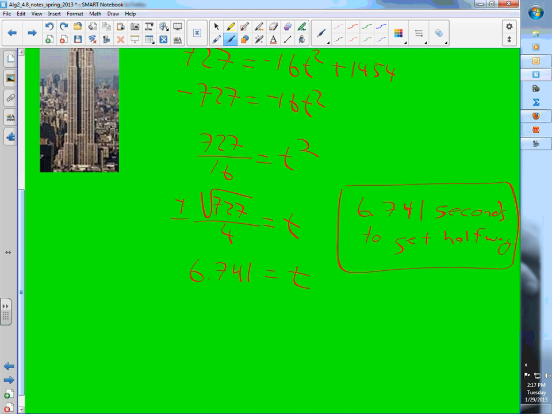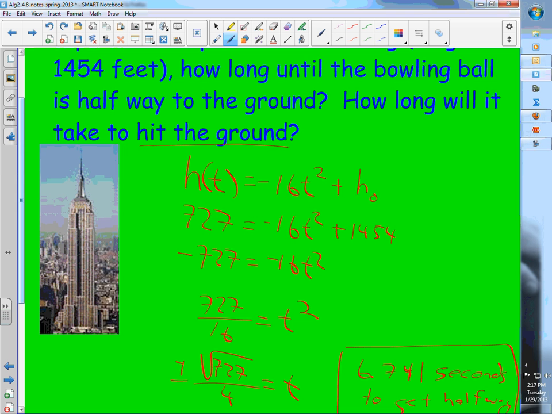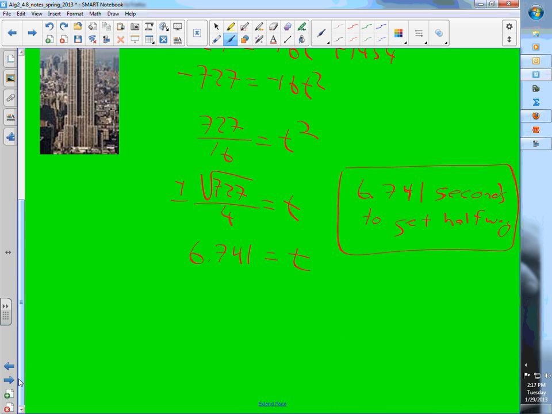So how do we find out how long it takes this ball to hit the ground? If I knew the time, I wouldn't have to do any work, right? Set the height to 0. So we want 0 to equal negative 16t squared plus 1454. And then we're solving again.